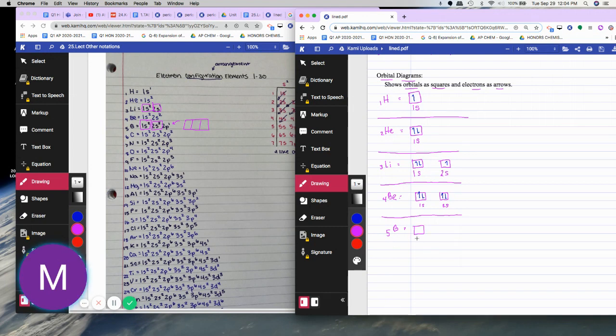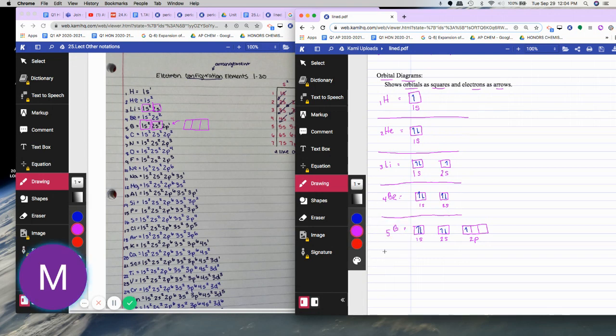A square for the 1s, a square for the 2s, and remember the square is the orbital, and 3 orbitals, 3 squares in the 2p sublevel. 5 electrons, so you would draw 1, 2, 3, 4, and then a 5. Okay, again, the p and the s squares are not attached. They're different in energy. The 2s is a little bit closer to the nucleus. The 2p is a little bit further away because of repulsions.